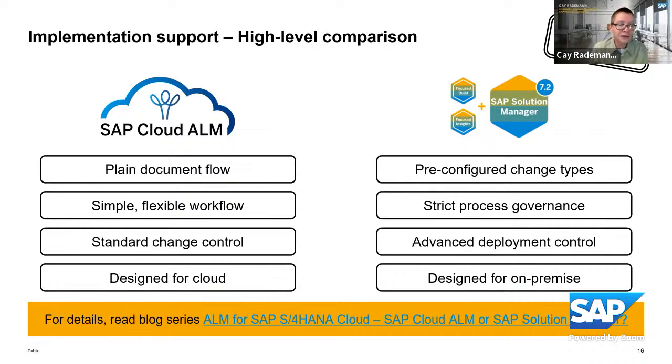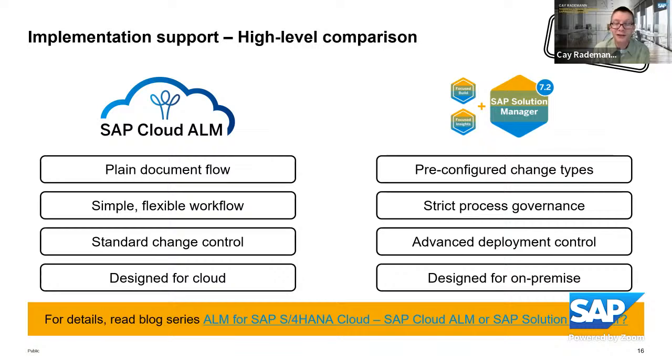The second separator from my point of view is how the workflow is managed. With SAP Cloud ALM we have a simple, flexible workflow. For example, you can decide if you want to use user stories or not in your process. If you take the Solution Manager on the right-hand side, there we have a very strict process governance.